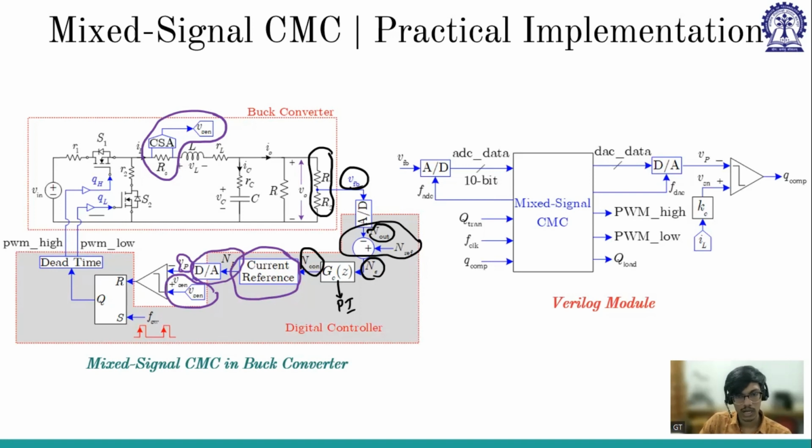There are isolation current sensing also, like LEM sensor, Hall sensor, different kinds of sensors, current transformer, all these things we had discussed. And now this gives us the reset pulse, and set pulse is coming again from the digital controller, and this is giving Q, giving rise to dead time, PWM high, PWM low, going to the switches.